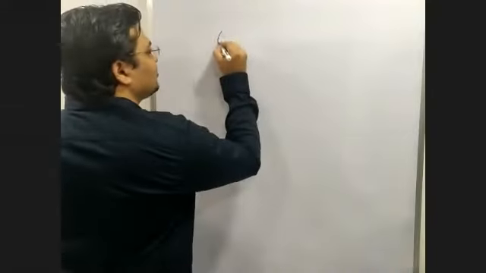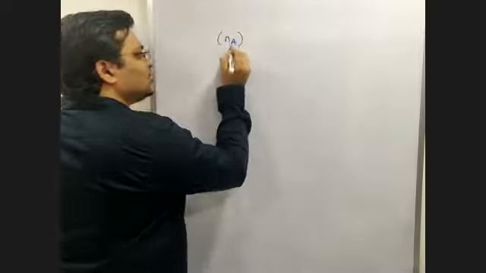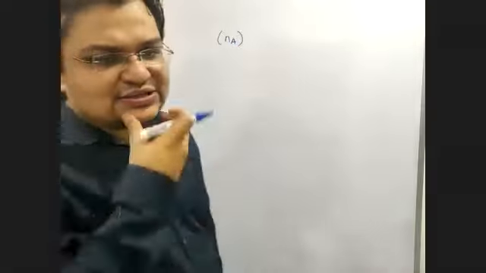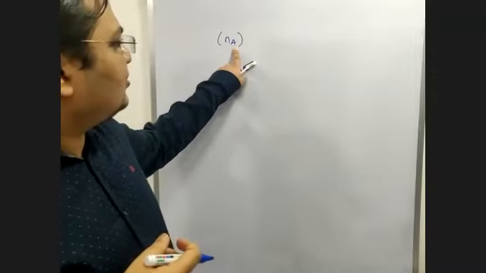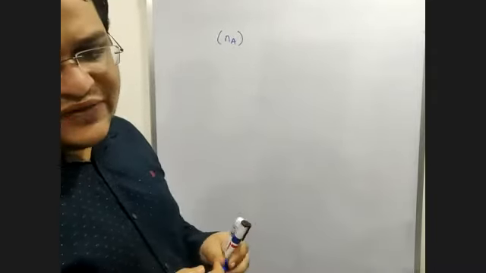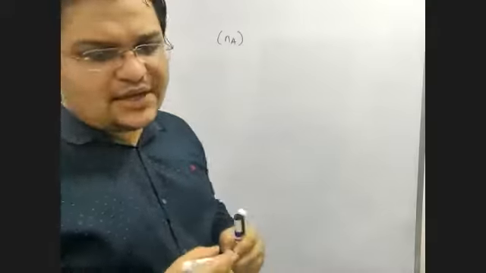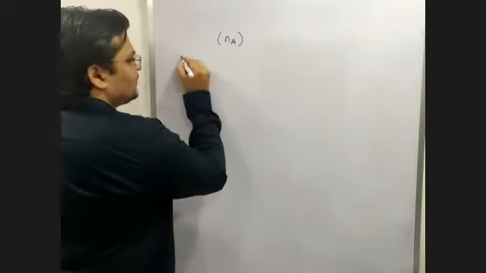That is Avogadro's number. It is denoted this way: N suffix A. Okay. Now pay attention to a question here.